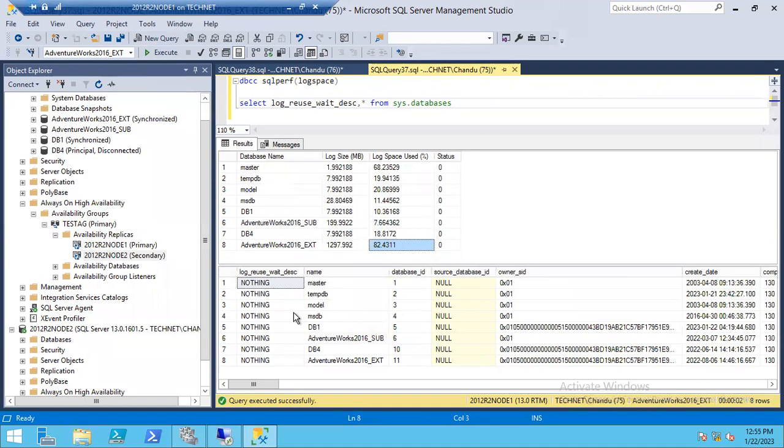Whenever we do any transactions, the log space will be utilized and adjusted, because we see nothing here. So the log file will be truncated from the database as per the internal activity. So we need not worry about this log space usage percentage, right? Here we see nothing, so it should be able to truncate that log file.